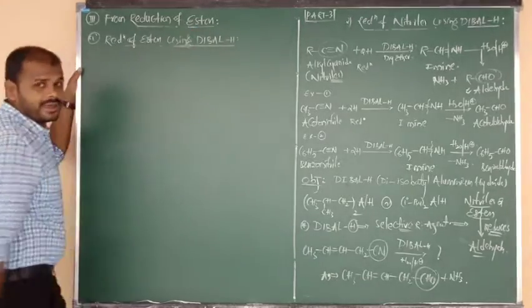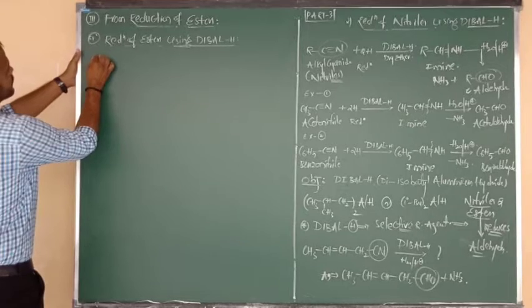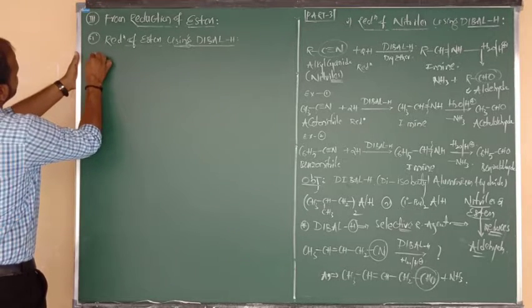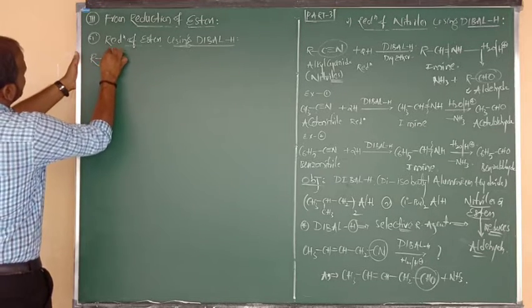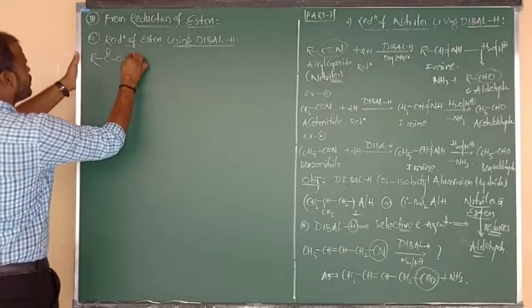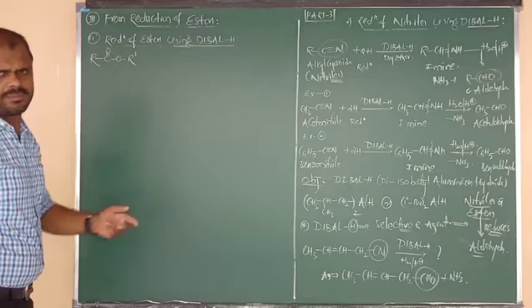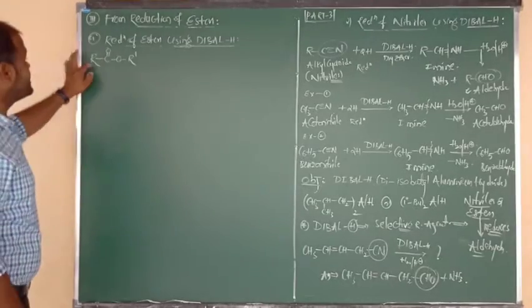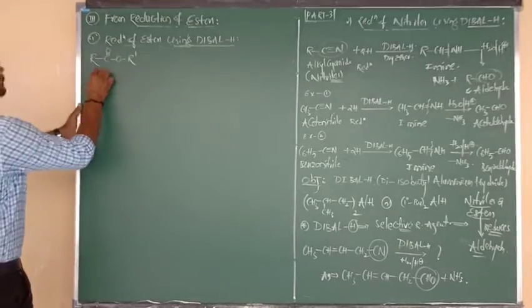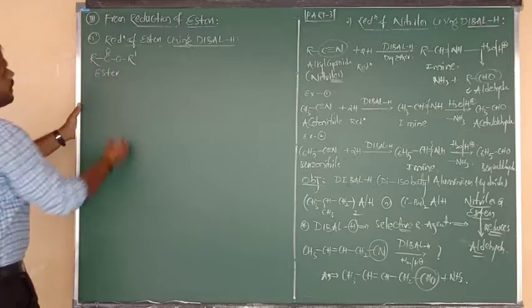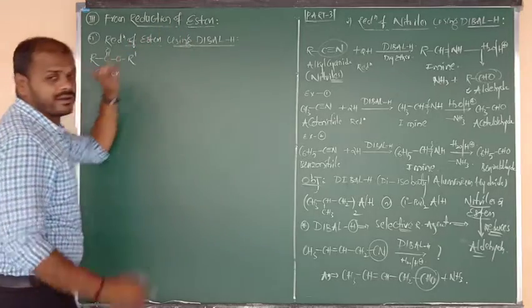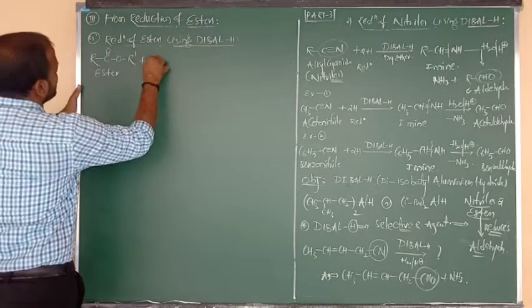What is the compound, ester? R bonded to C double bond O, C double bond O bonded to O, O bonded to R. To show the variation I am writing here R prime, no problem. So this is the formula of an ester. Esters undergo reduction, again the same thing, addition of hydrogen.